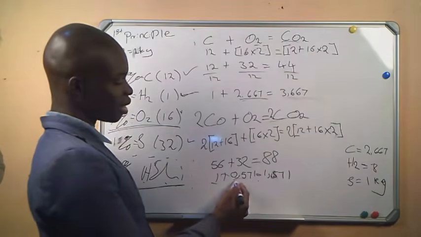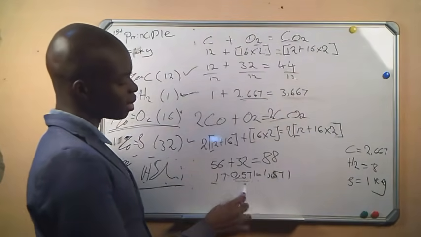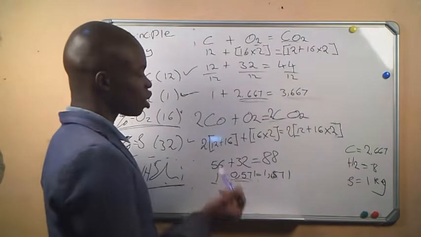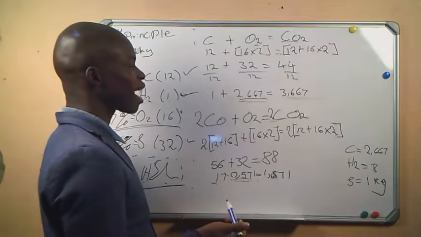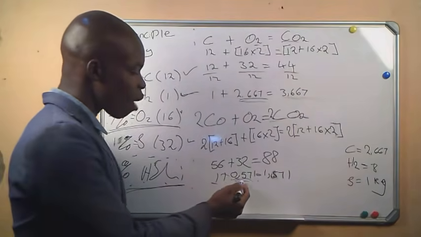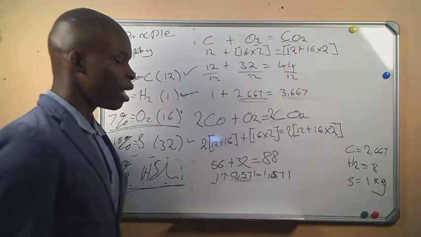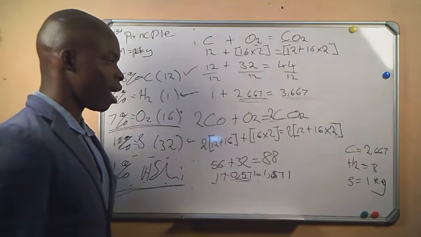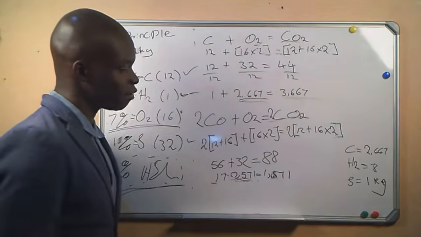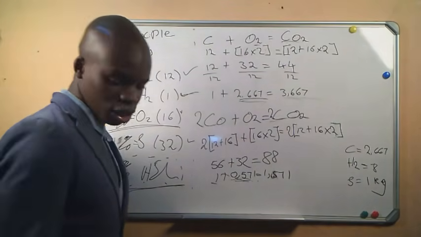So you can see that the oxygen required in this case is slightly less than the oxygen required in burning carbon straight to carbon monoxide, because we are now continuing with a reaction that was started and left in the middle.